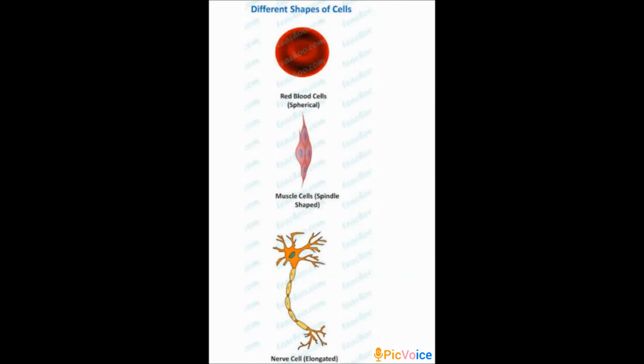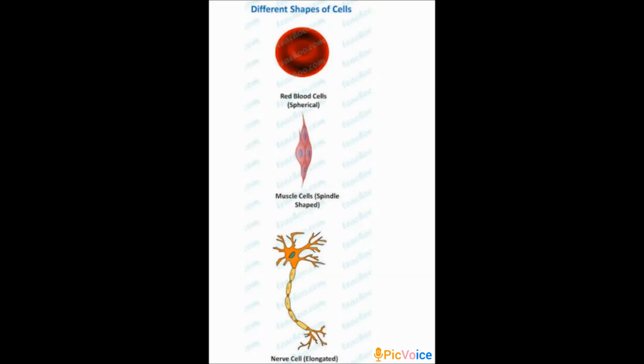So amoeba has no definite shape, it is irregular, and it keeps on changing its shape. An organism which continuously changes its shape is called pseudopodia. Pseudo means false and podia means feet.